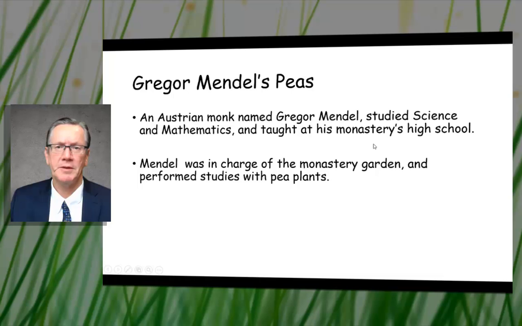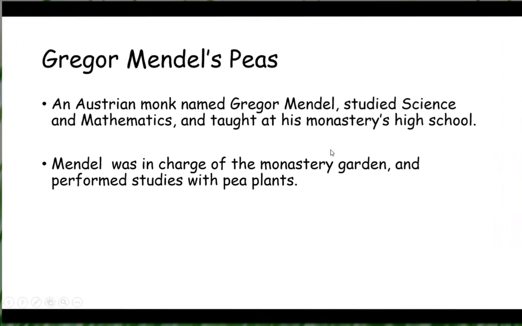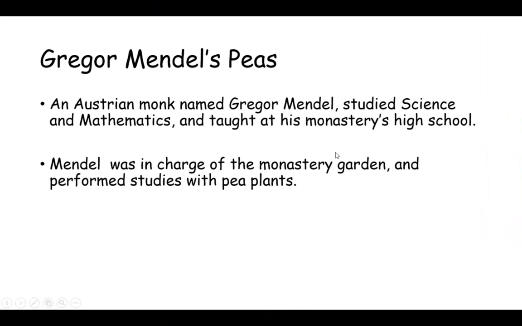Gregor Mendel's peas. An Austrian monk named Gregor Mendel studied science and mathematics and taught at his monastery's high school. Mendel was in charge of the monastery garden and performed studies with pea plants.